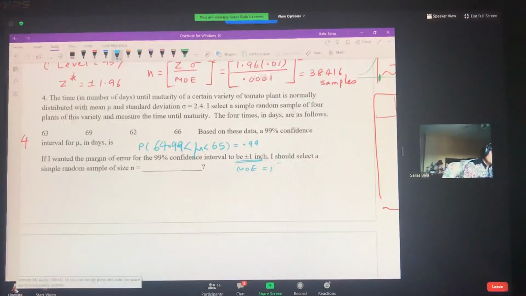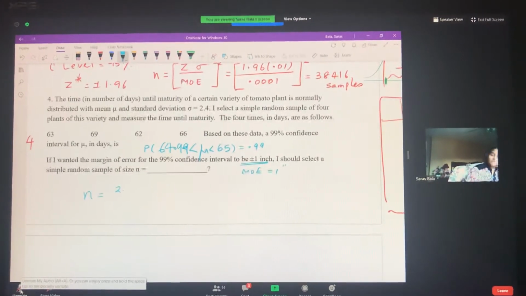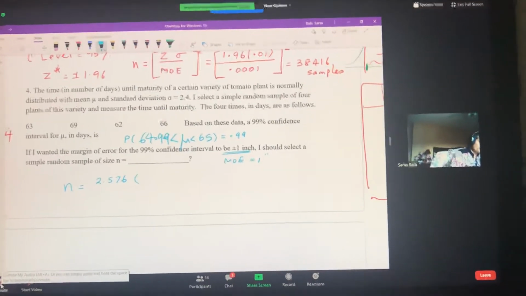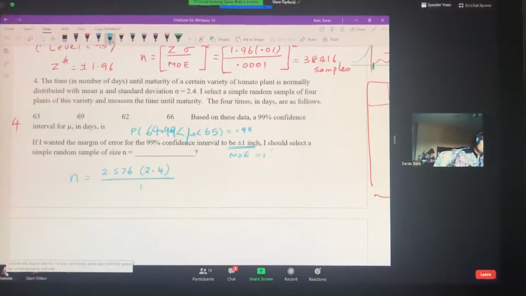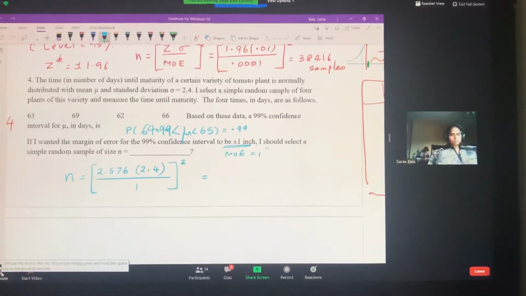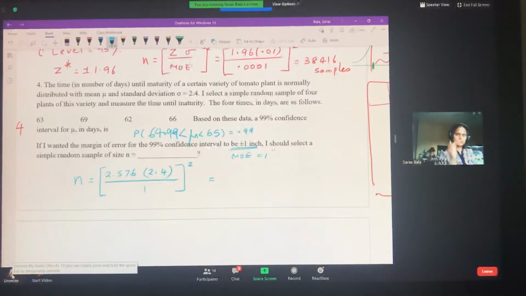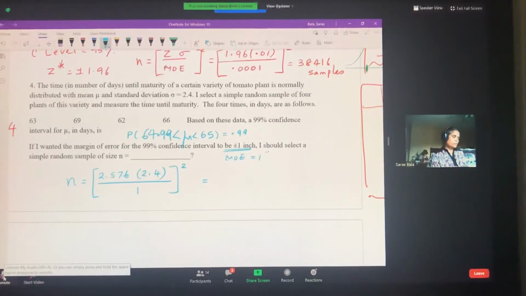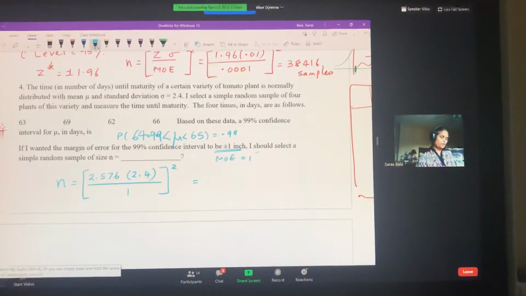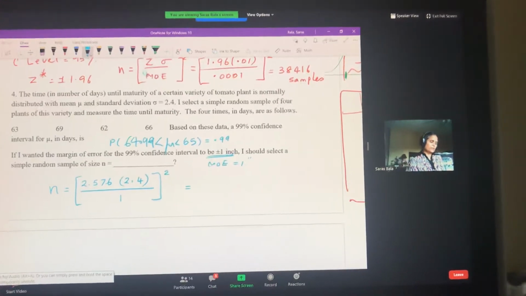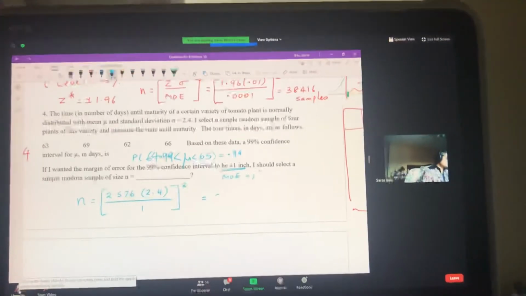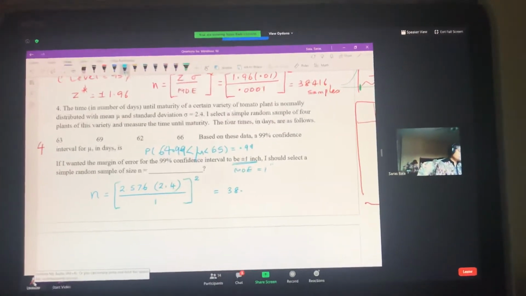That's it. Your number for 99 percent is 2.576, and then you have the sigma, which is 2.4, over the margin of error, 1 inch. So it's going to be the whole square. With the 1 inch, you have 2.576 multiplied by 2.4, and then you square it, which is about 38.22.